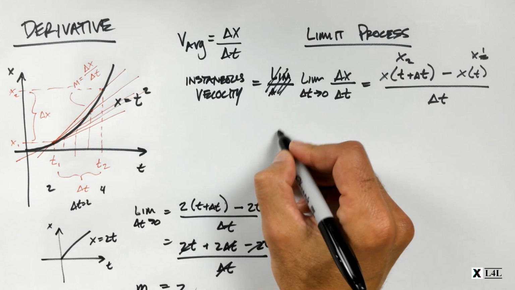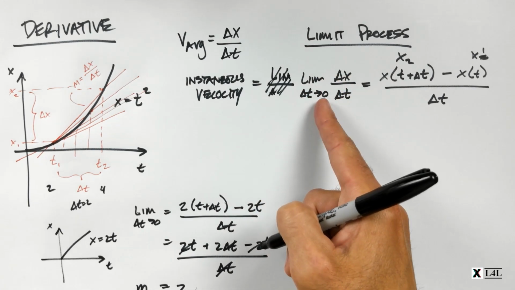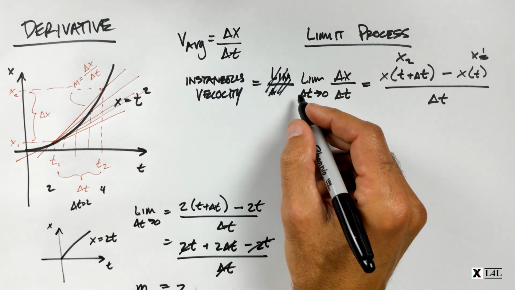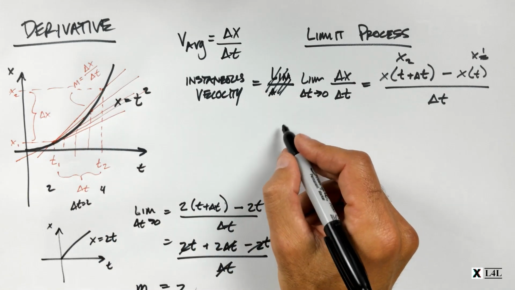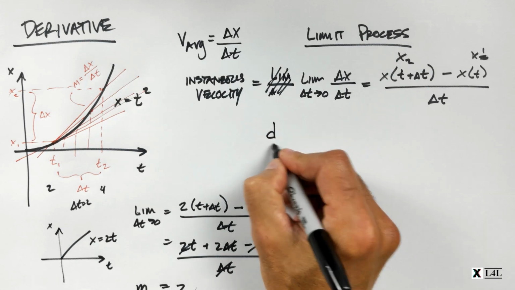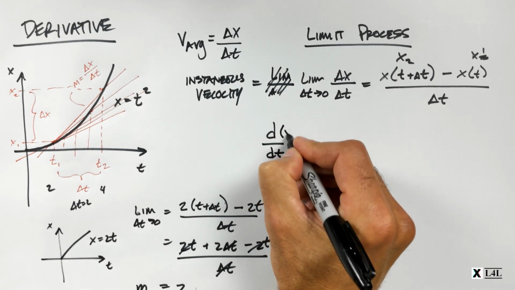By the way, this limit of the rise over the run, this really is the derivative. This is the slope. It is the derivative. That's what we're talking about here, okay? It's finding the slope of a function. And the way that we write that is actually d, in this case dt.